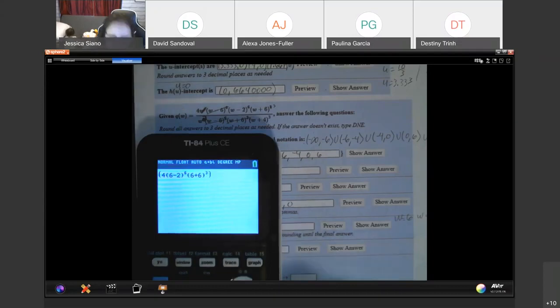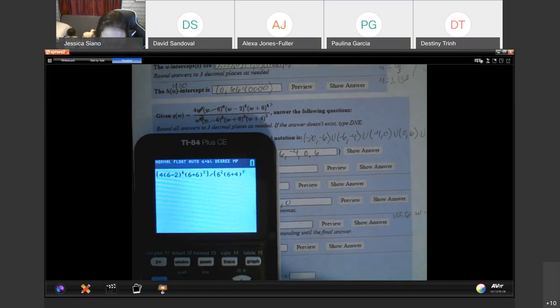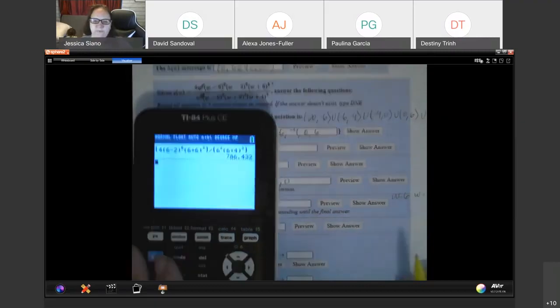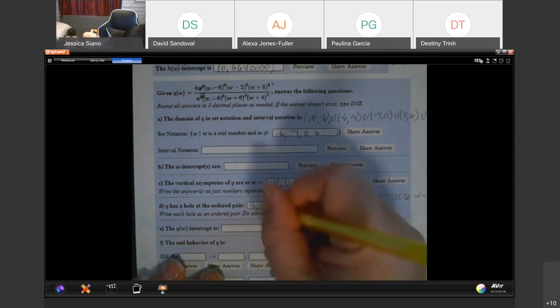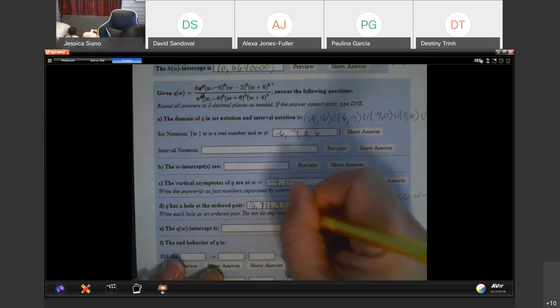And on the bottom, I have 6 squared. That's gone away. So 6 plus 4 to the 3rd. So I have a hole at 6, 786,432.